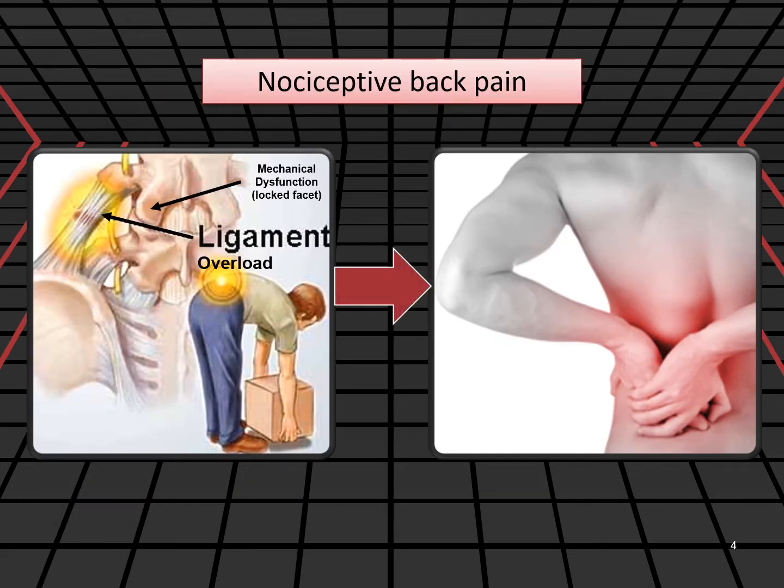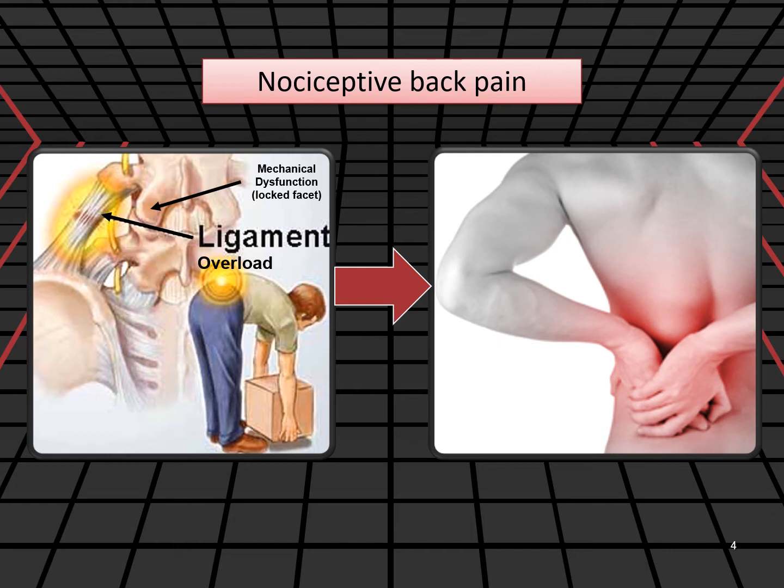So here are the 2 examples that we spoke about that would create nociceptive back pain. One is tissue overload. Let me get my little red pointer out. All right, so right over here by the check, you can see an iliolumbar ligament that has a reddened area, and of course the yellow glow indicating pain. And then you see this gentleman over here, put a check mark right on him, lifting the wrong way. He's lifting with his back instead of with his legs, and the package is way too far out in front of him.